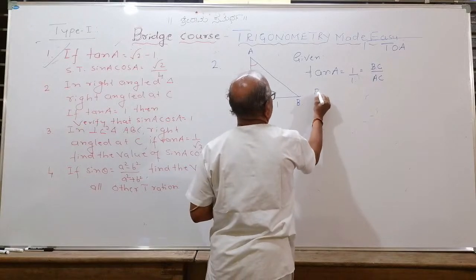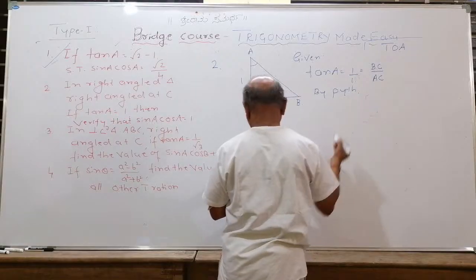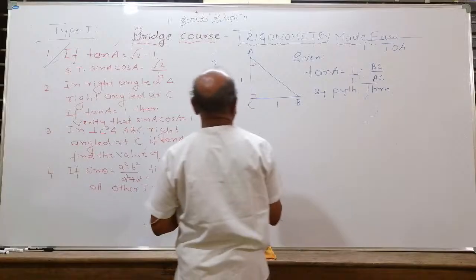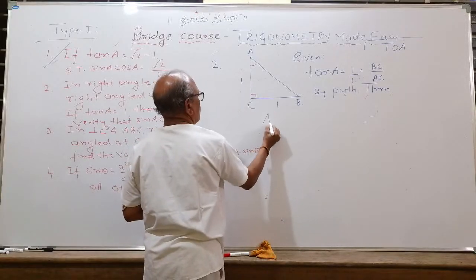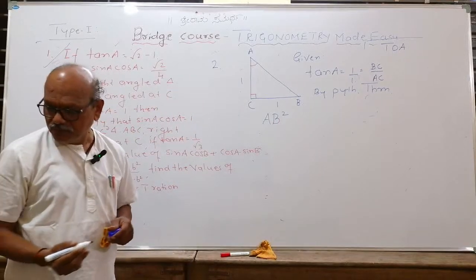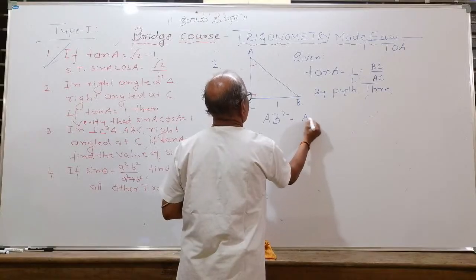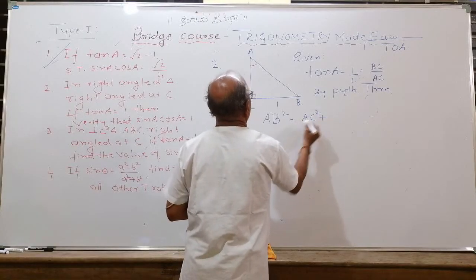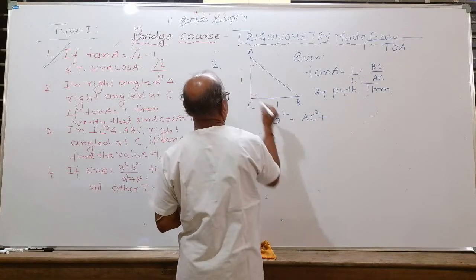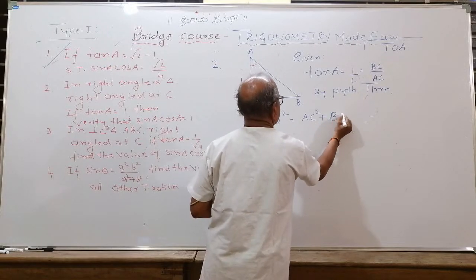That is by Pythagoras theorem. Now you can write AB square is equal to AC square plus BC square, that is adjacent square plus opposite square.